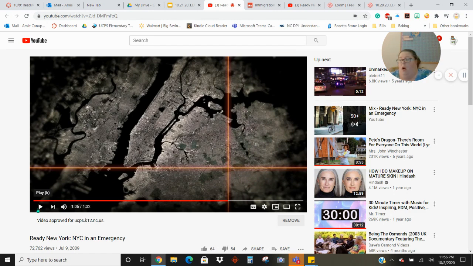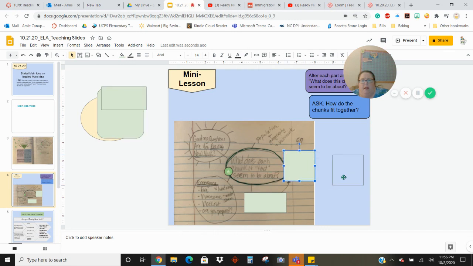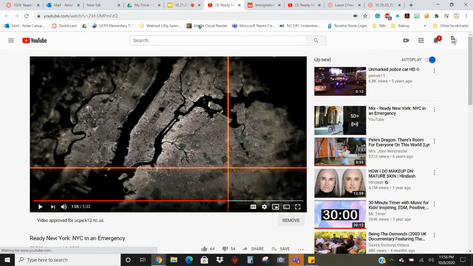Aging power, water, and transportation grids. And you keep hearing that word vulnerable. You hear prepared and you hear vulnerable. Okay, so when we go back, I've got the old power, water, and transportation. Now you can see how my note taking has evolved.